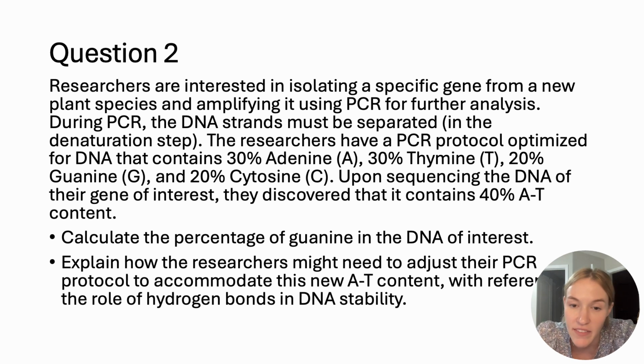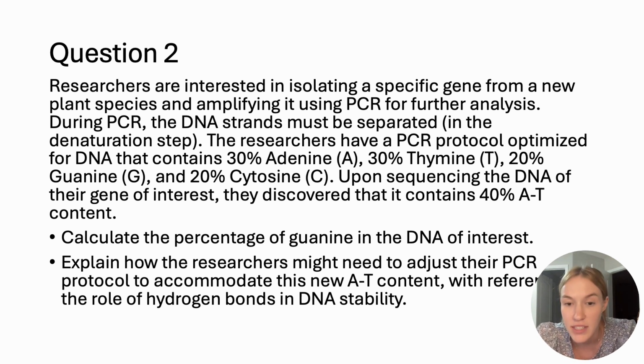The researchers have a PCR protocol optimized for DNA that contains 30% adenine, 30% thymine, 20% guanine, and 20% cytosine. Upon sequencing the DNA of their gene of interest, they discovered that it contains 40% AT content. Calculate the percentage of guanine in the DNA of interest.